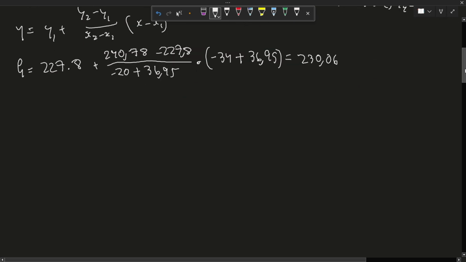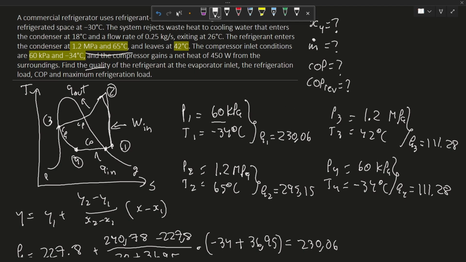So x4, the quality, is equal to h minus hf divided by hg minus hf. This is just an equation that you have to know by heart, basically. Okay. Normally you could go to your temperature, but because our point 1 is not saturated, it's slightly above, we can't assume the same temperature anymore, which is fine.